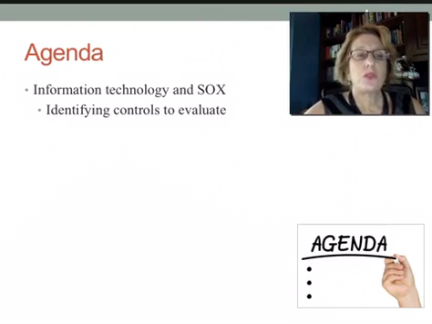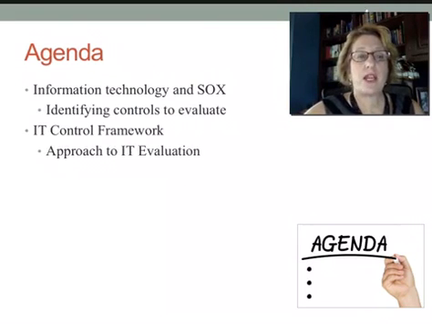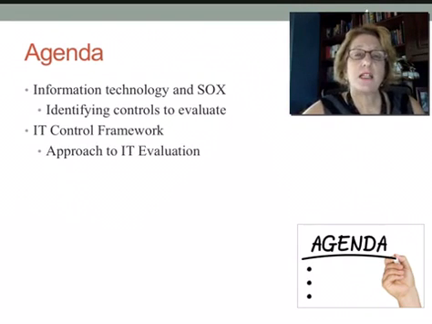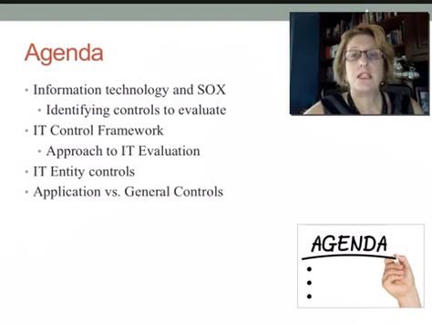What we're going to go through is information technology and Sarbanes Oxley. How do we identify what controls we're going to evaluate? Then we'll talk about IT control framework and an approach to evaluating information technology in today's world of Sarbanes Oxley. We'll talk about entity level controls, specifically to information technology, and then we'll get into the details more of application versus general controls.